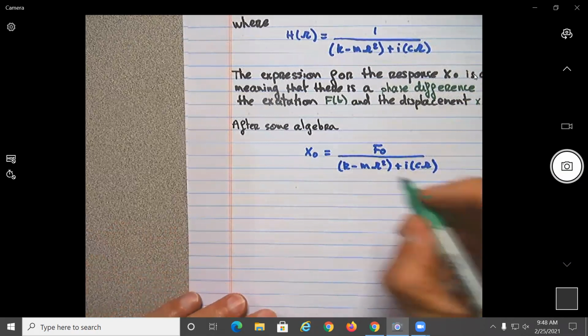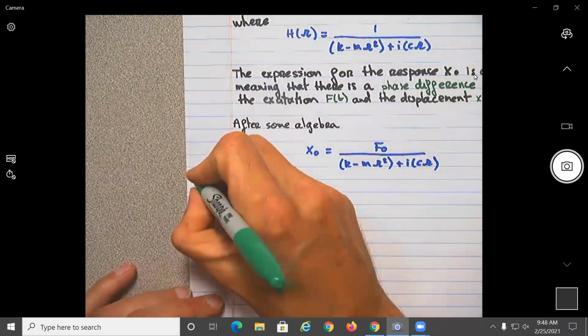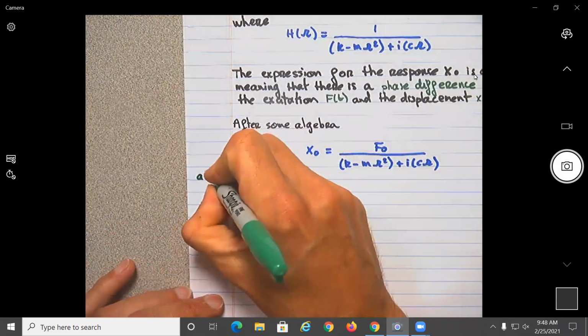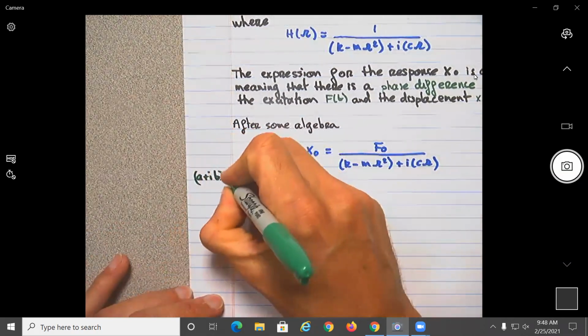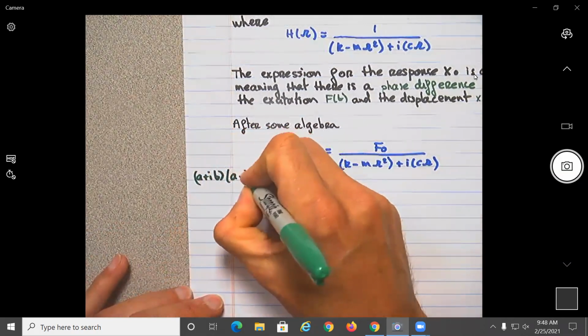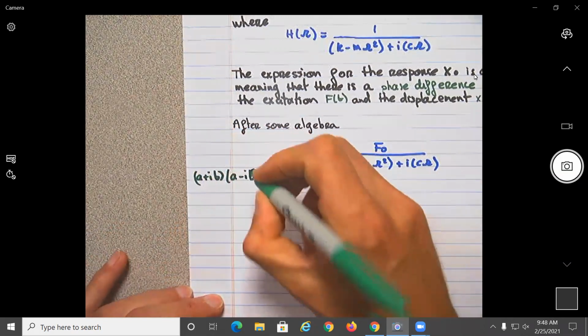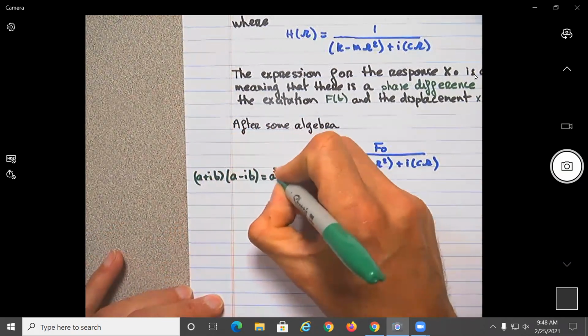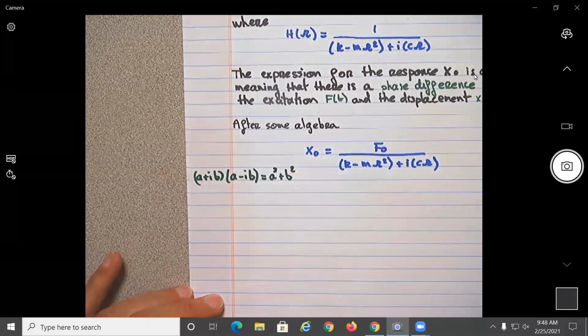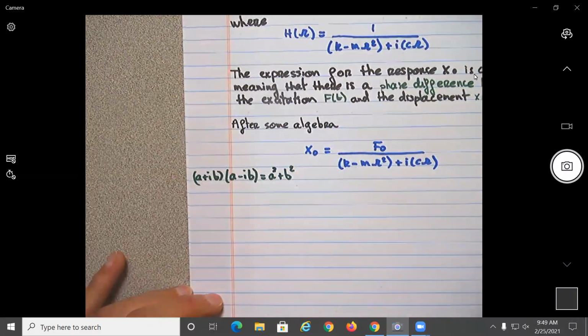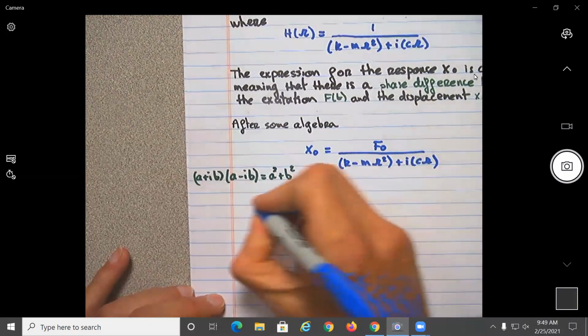So now using the trigonometric relation, a plus ib times a minus ib, we know this would be equal to a squared plus b squared. So we can do something similar. This would be equal to what?